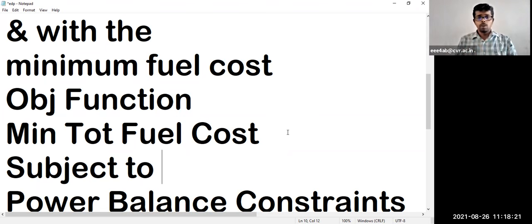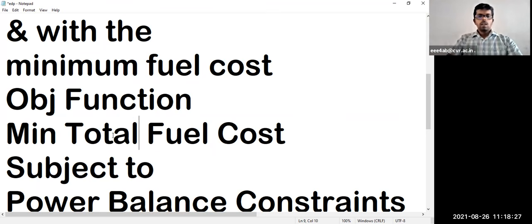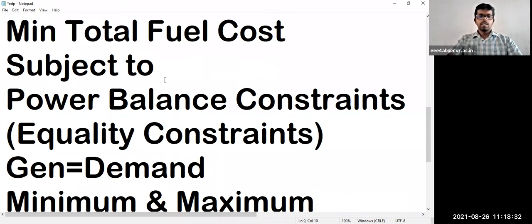I think you studied it in control systems also. So the objective function is to minimize the total fuel cost subject to constraints.